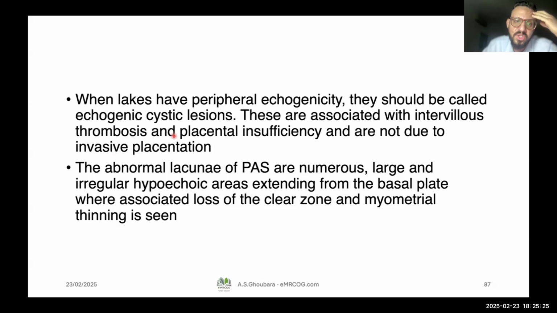If you see this echogenic cystic lesion associated with intervillous thrombosis and placental insufficiency, not due to invasion, this is not a PAS thing. We almost finished. Yes, C is normal. This C structure is normal.